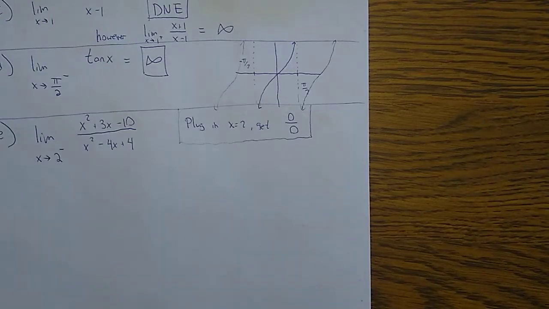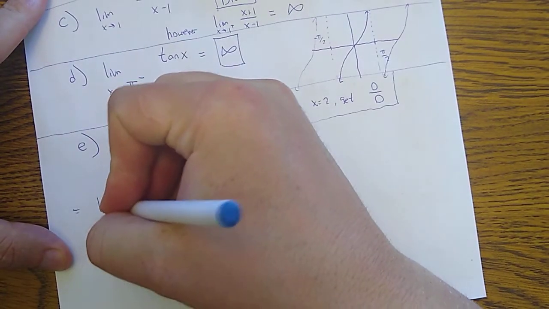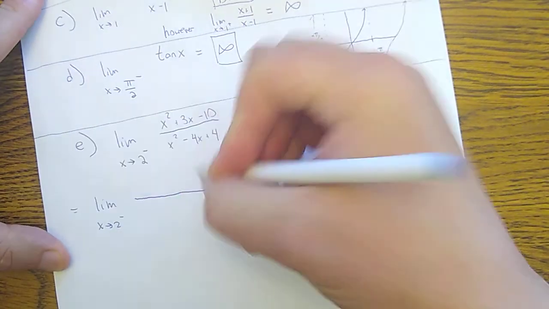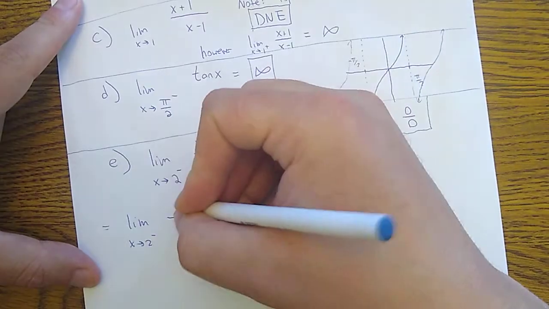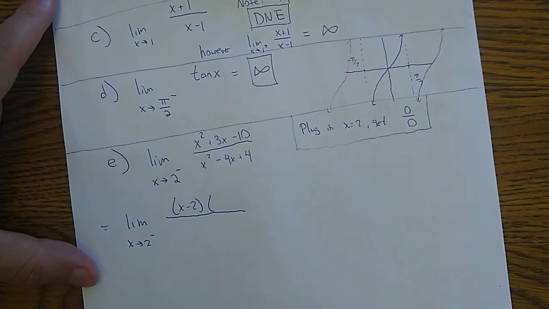If you're getting 0 in the bottom and in the top, what that means is you should factor and cancel. And that's like several examples that we did. So let's try that. It's easy to guess. One of my factors is going to be x minus 2.